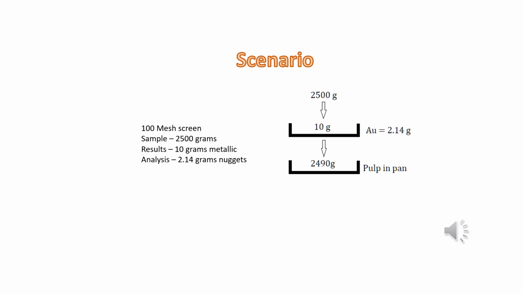Now, you took your 10 grams and you crushed that down one way or another, and you panned that out, and you weighed out 2.14 grams of gold at the end when you cleaned out your gold pan. Well, this is the scenario that we're going to use. So let's explore a little bit further.